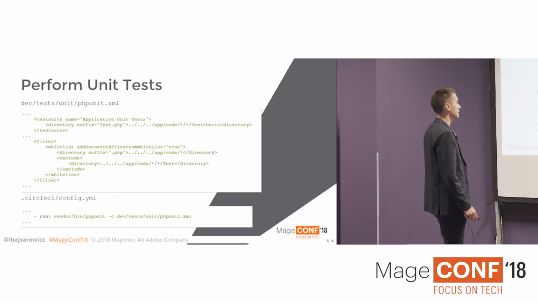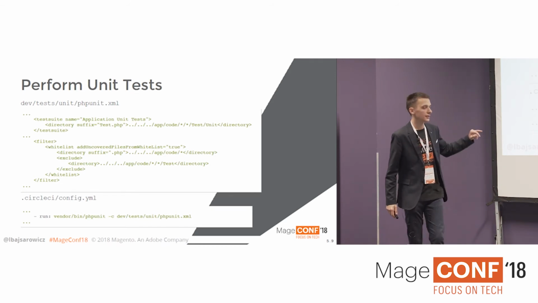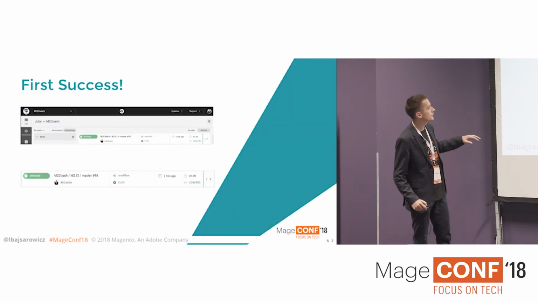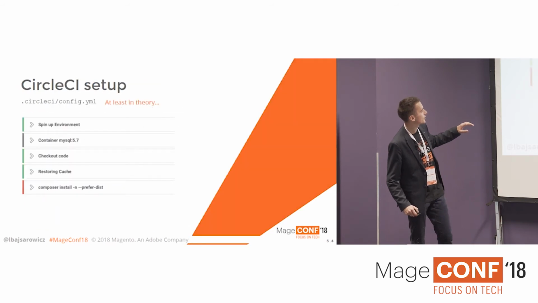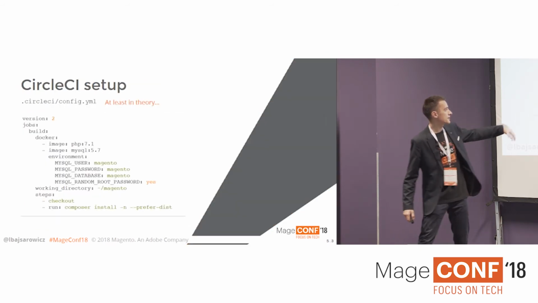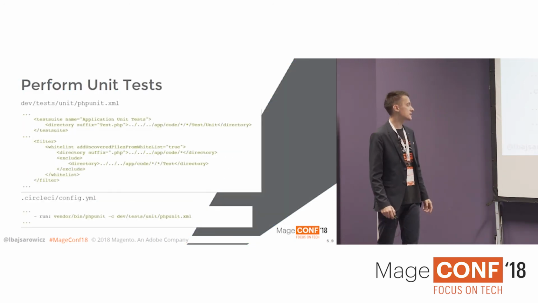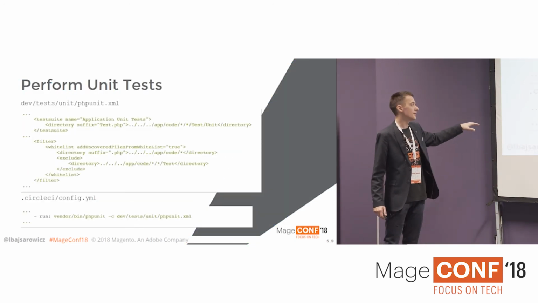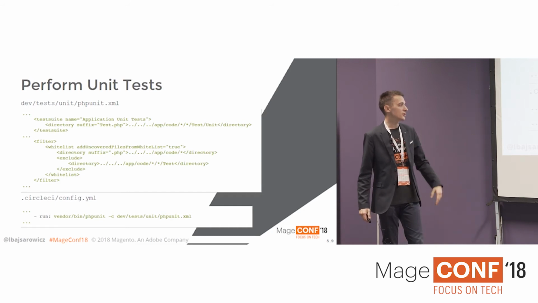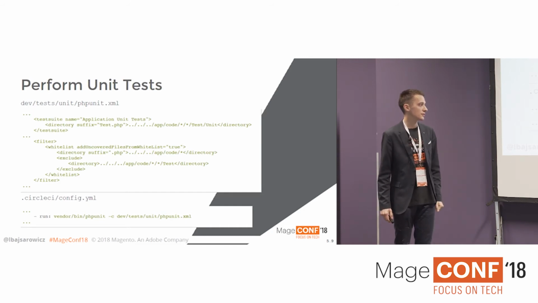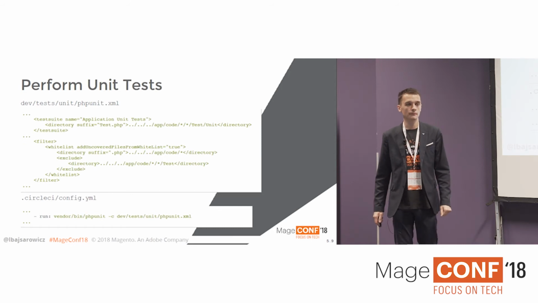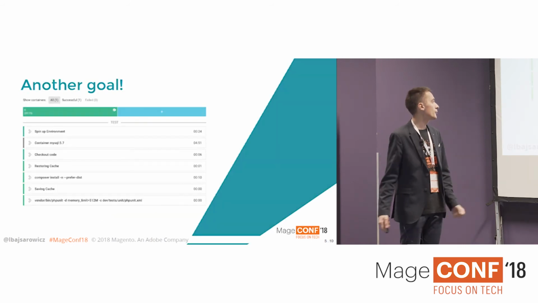And running the tests is quite easy because you remember from 3-4 slides before that we have these steps, and it's checkout, run. So now for us it's just adding a new run, and it's vendor bin phpunit. We provide the configuration dev test unit phpunit, and we are green.